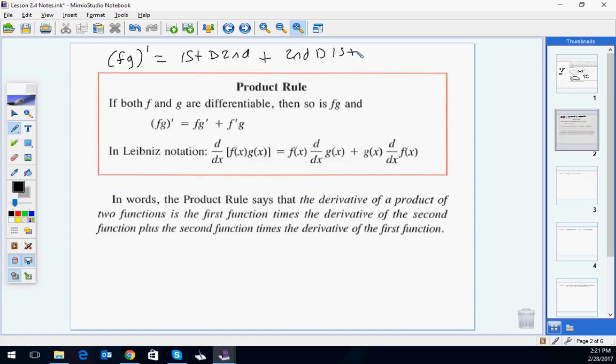Want to just do one? Sure. First derivative of the second plus second derivative of the first. In order to do this, that's why I had it written out, guys.